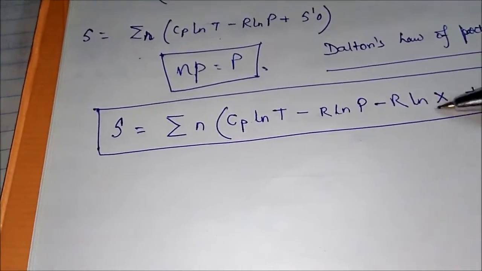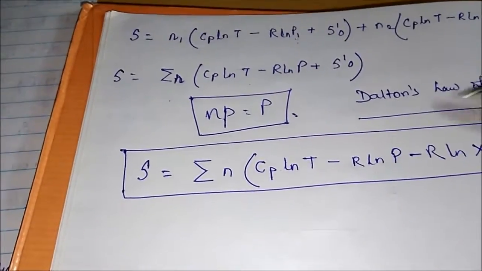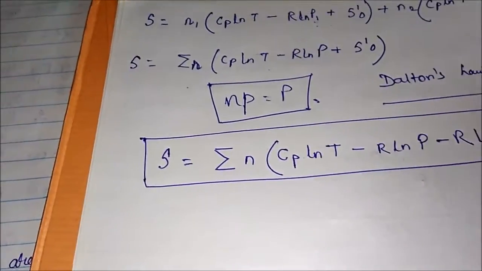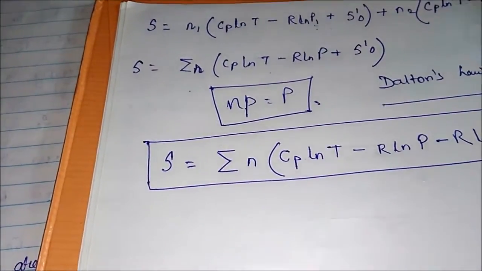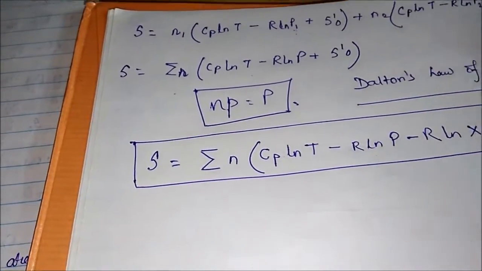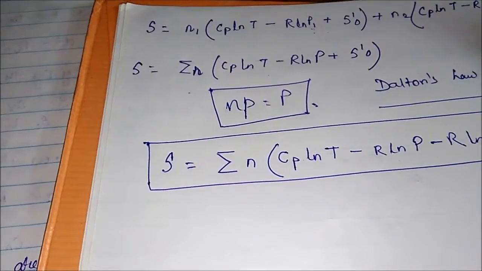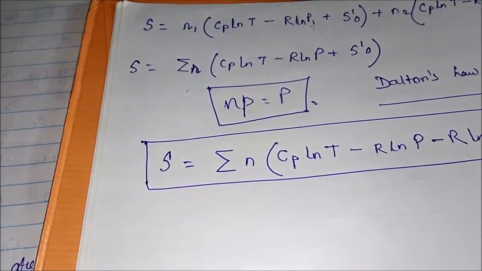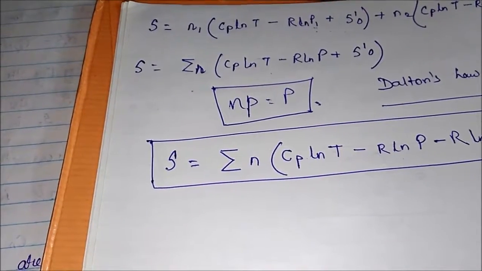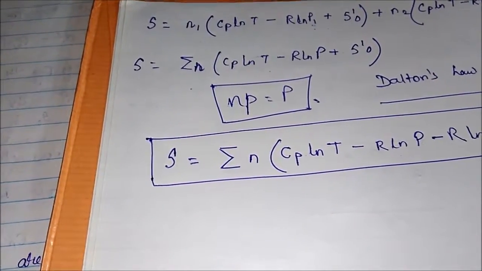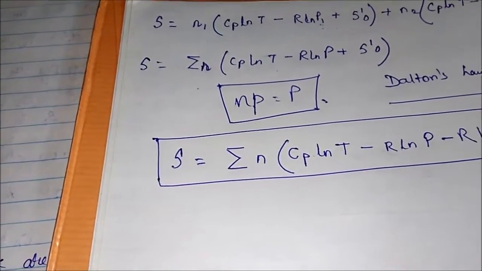Now what is this X? X is nothing but the mole fraction. If you go back to Dalton's law of partial pressure, just pause the video and search for Dalton's law of partial pressure and read it. It clearly says that the partial pressure of a given gas, multiplied by its mole fraction and summed up, equals the total pressure. For example, if I want to find the total pressure of air, what do I have to do?